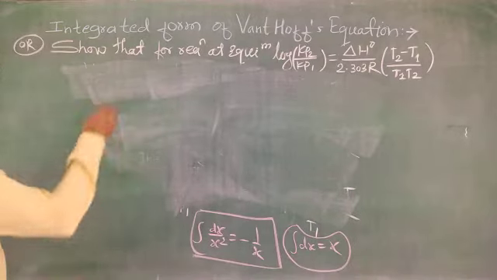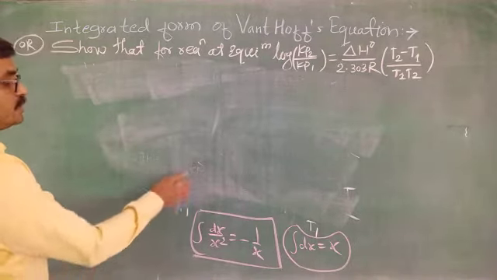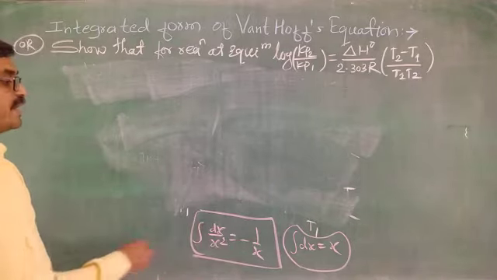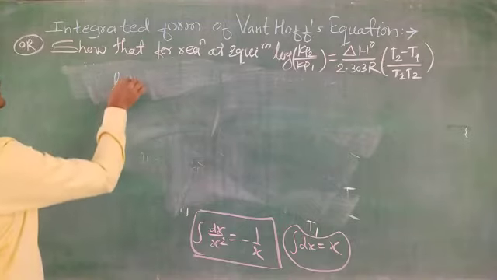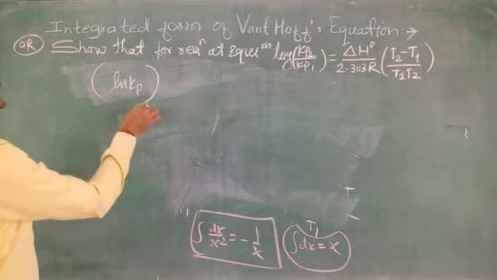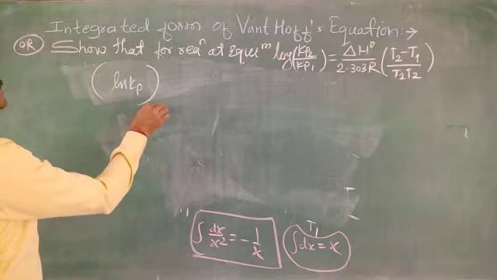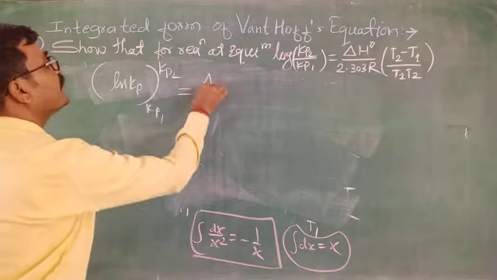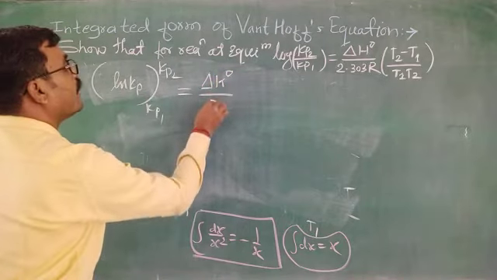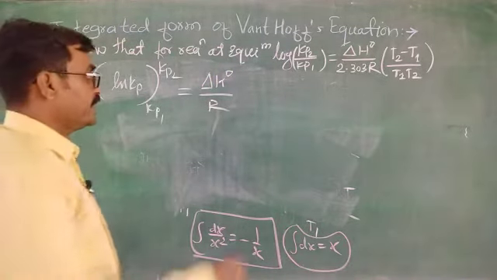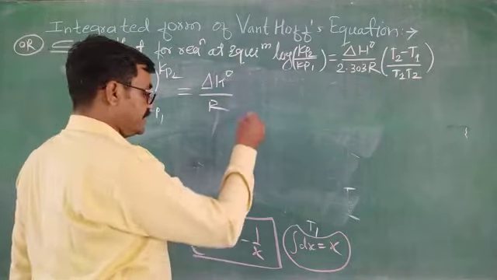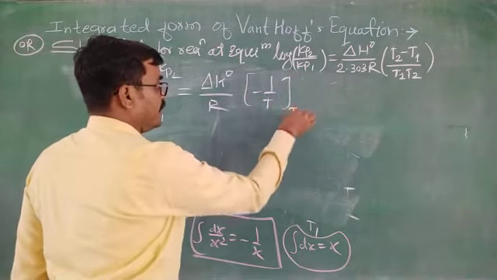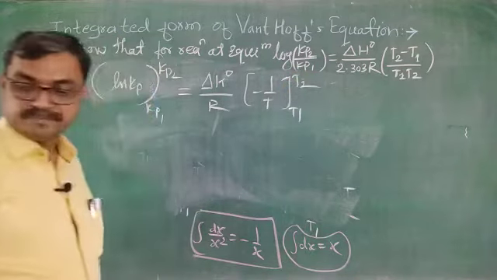Using these two formulae, the integration from Kp1 to Kp2 of the derivative of ln Kp will be ln Kp with lower limit Kp1 and upper limit Kp2, is equal to delta H0 upon R as it is, times the integration of 1 upon T square into dT, that is minus 1 upon T, lower limit T1, upper limit T2.